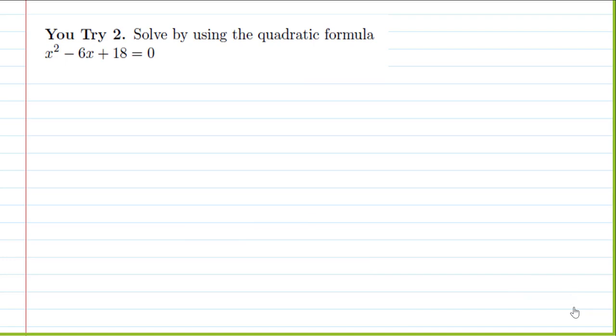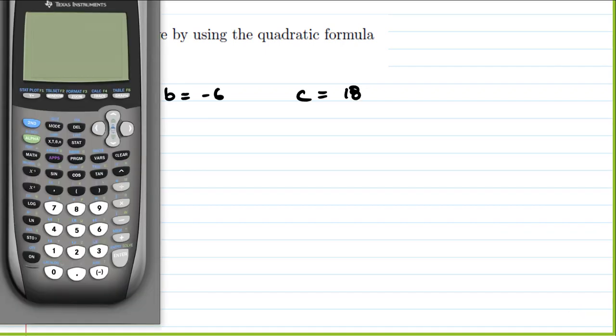All right, so let's go ahead and resolve this. So let's identify our A, our B, and our C. So our A is 1, our B is negative 6, and our C is 18. So something else that we can do with our calculator, which is kind of cool, if we go back to our home screen, we have our A, our B, and our C, right?